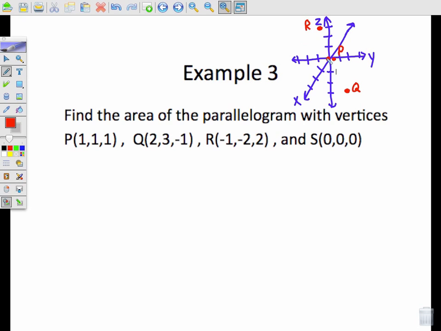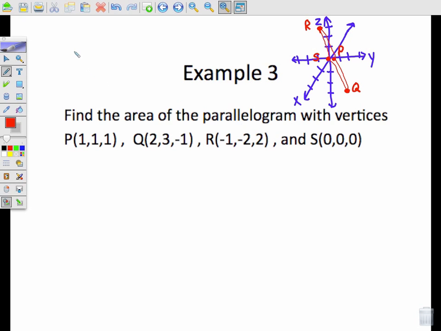So when we go to represent this parallelogram, it's important to know that we're not crossing over. So my parallelogram is going to be this: R to S, S to Q, and then from Q to P. Okay, so you'd have to visualize this parallelogram if you tilt the axis to the side.